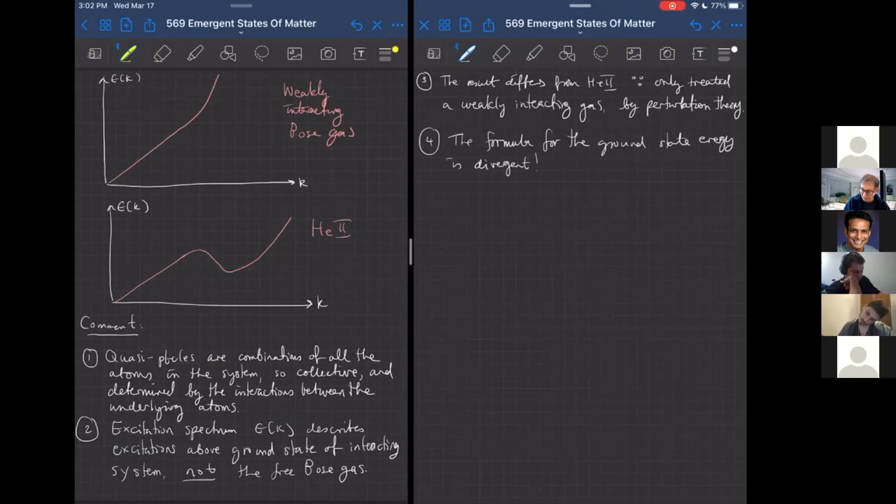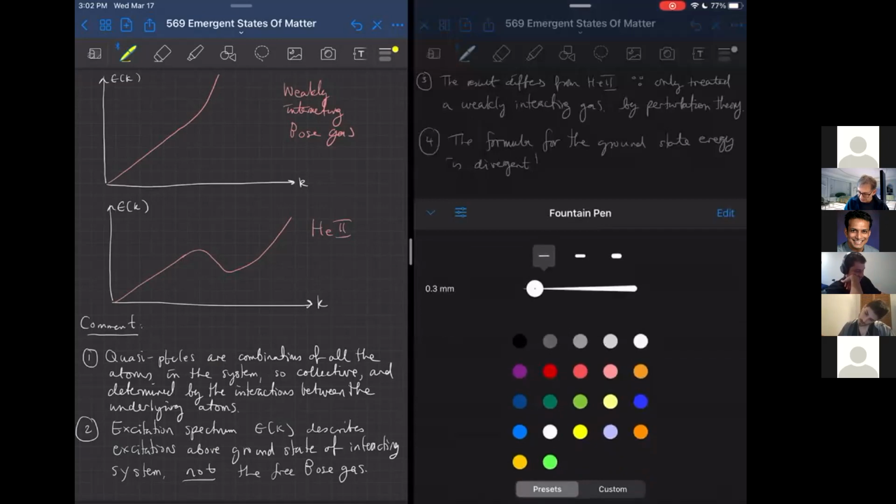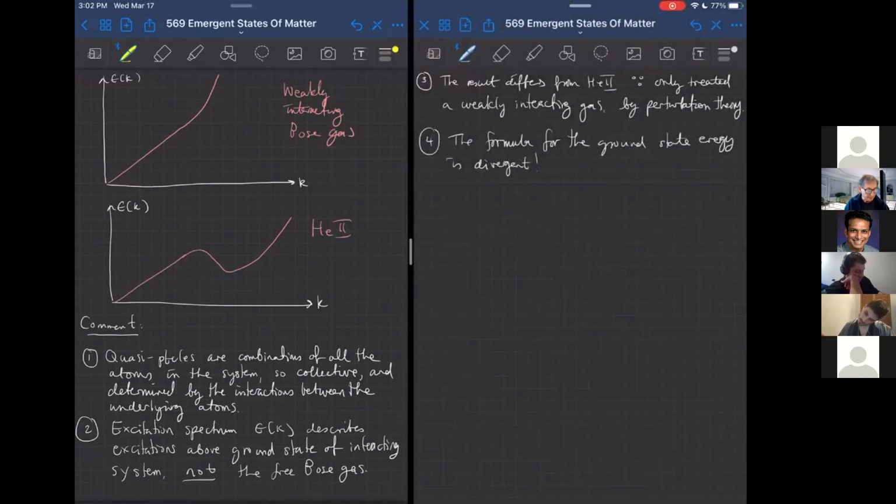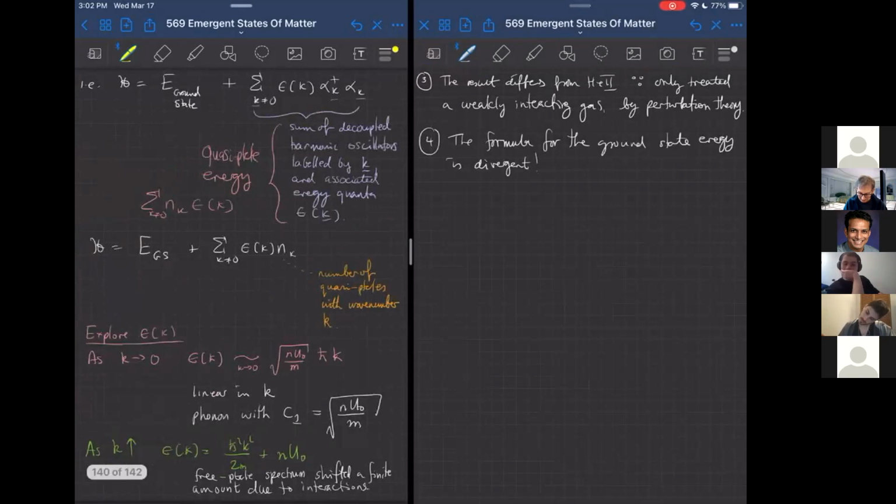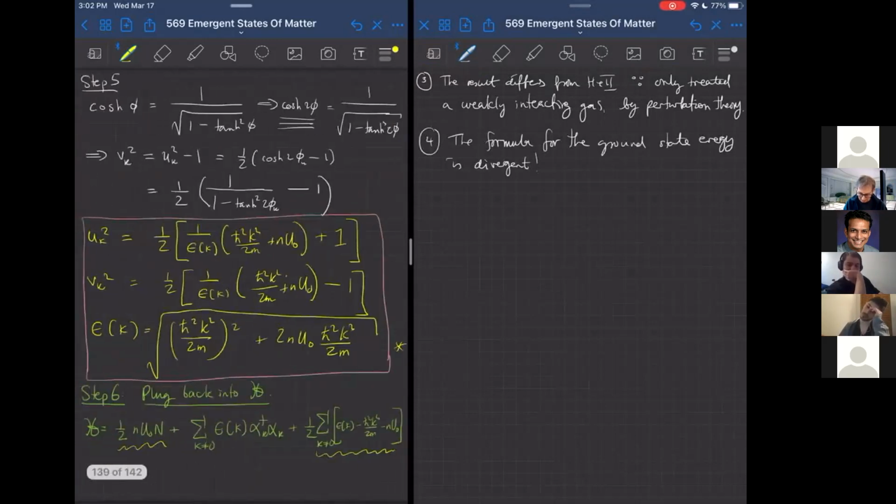So let's first of all see where that divergence comes from, and then let's see how we can solve it. So let's have a look at the ground state correction term. So what I'm talking about here is this ground state correction term here. So this thing here is finite. Okay, obviously, this thing over here seems to be infinite.